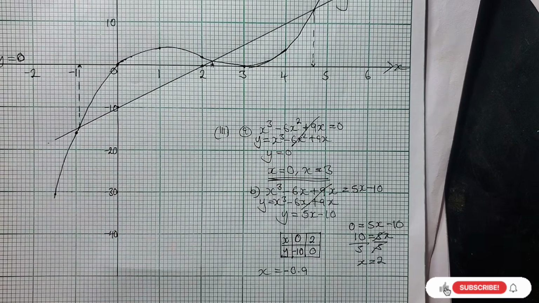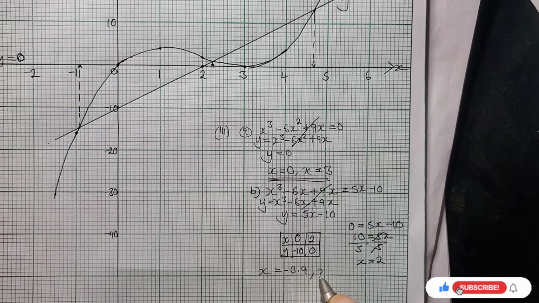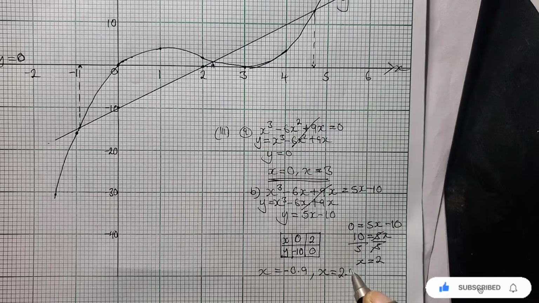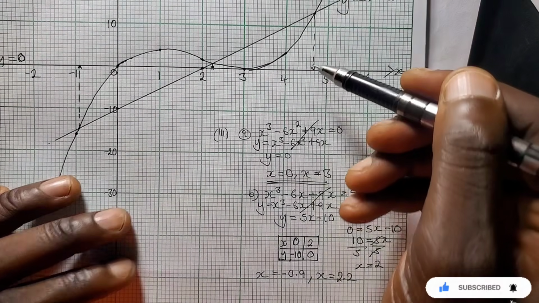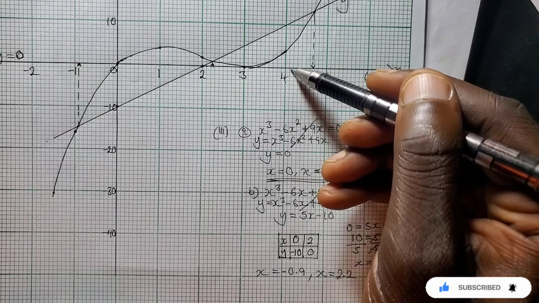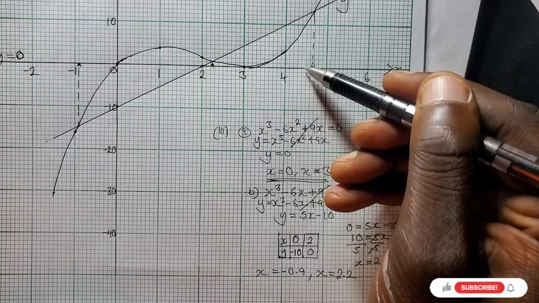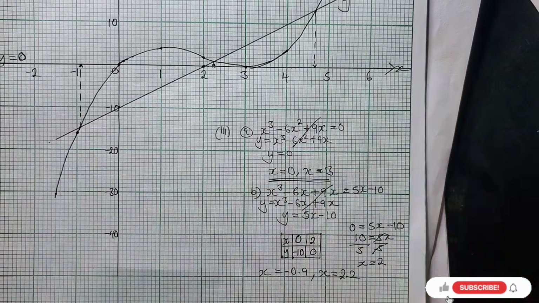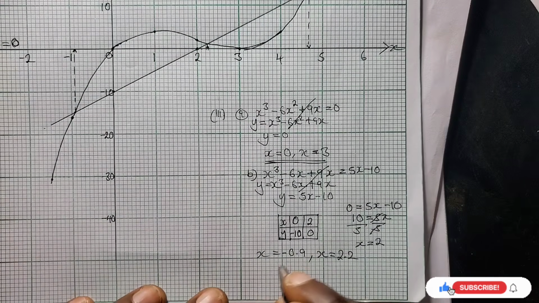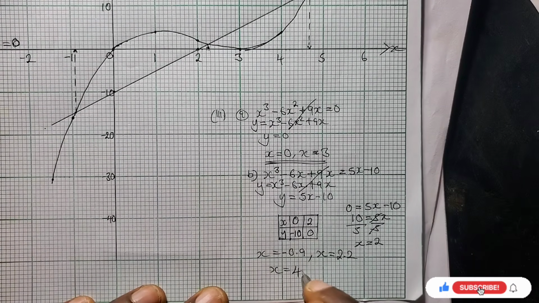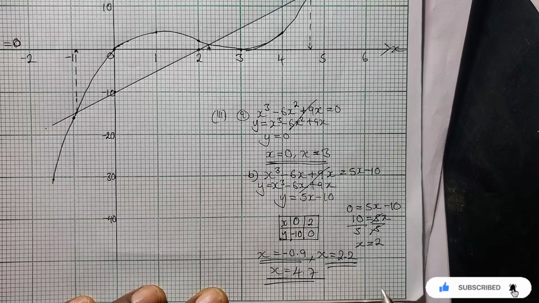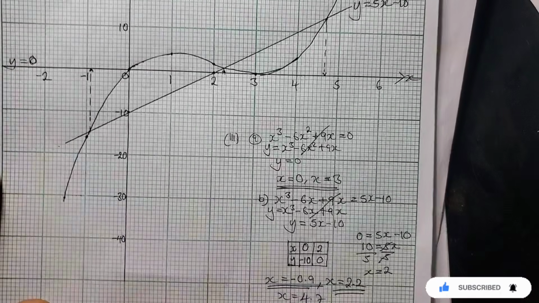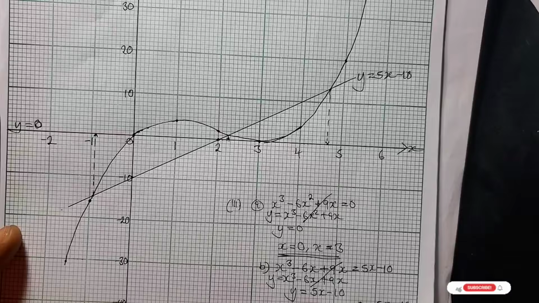Let's just get 2.2. x is equal to 2.2. What is another answer? Another answer is here. So this is 4.1, 4.2, 4.3, 4.4, 4.5, 4.6, 4.7. Let's get 4.7. The final answer here is 4.7. So these are the solutions to this question here.